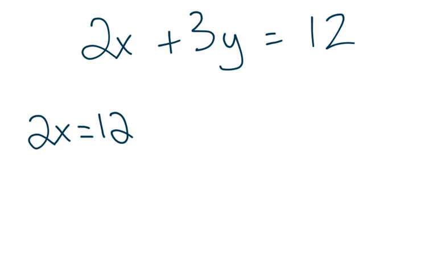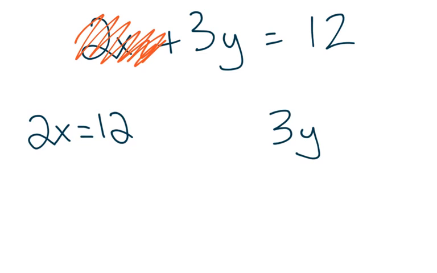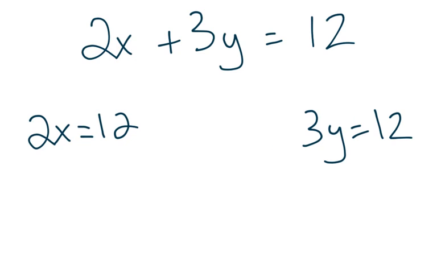The next equation, we're going to forget about the x altogether. So I really just have 3y equals 12. Now that I've got two different new equations, I'm going to solve them. So 2x equals 12.